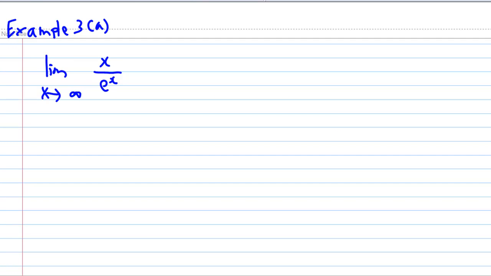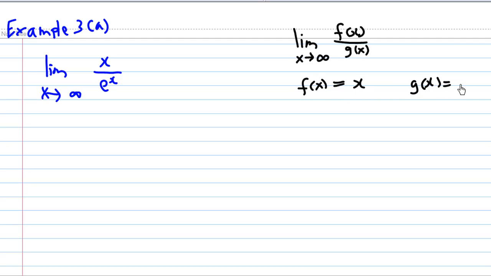Here is an example of how we apply this L'Hopital rule. I want to find the limit of x over e to the power x as x approaches infinity. This problem is of the type limit as x goes to infinity of f of x over g of x, where f of x is equal to x and g of x is equal to e to the power x.